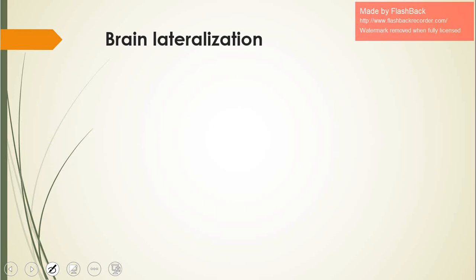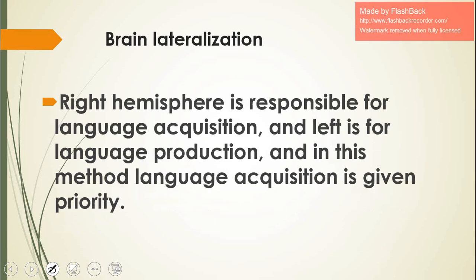What is brain lateralization? It's a vast concept. I'm just here to give you the brief point. The right hemisphere is responsible for language acquisition. There are two parts in your brain, and the right hemisphere is responsible for language acquisition. You just acquire language in that part, and the left hemisphere is for language production, and language is produced from your left hemisphere.